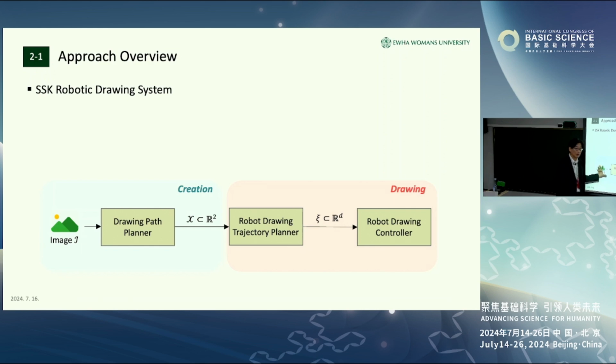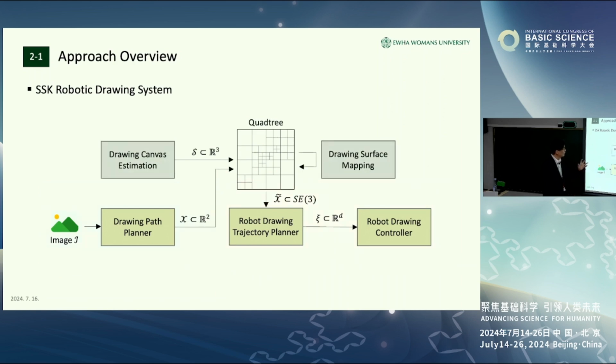These input images can be drawn by artists or can be generated by AI or generative AI. But these typical raster images are not a good form for the robot to actually execute drawing because these are a bunch of pixels. So you have to convert these raster images to a vector form or a trajectory which the robot can execute to actually draw, right? So that's the role of the path planner.